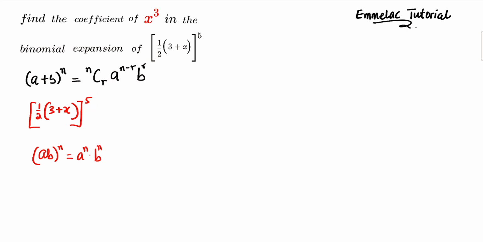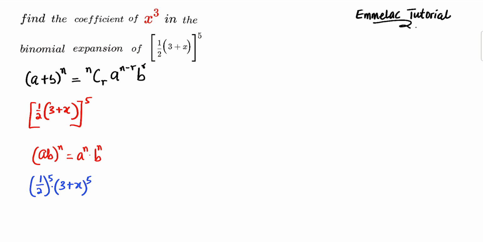If we apply this law, we end up having 1 over 2 all raised to 5, then (3 plus x) all raised to 5.